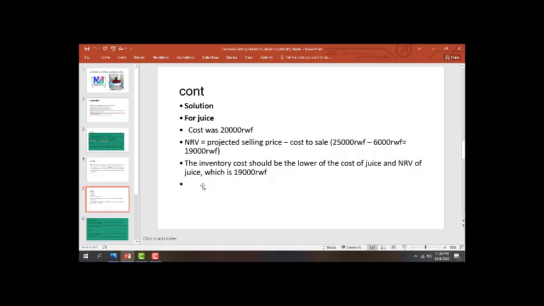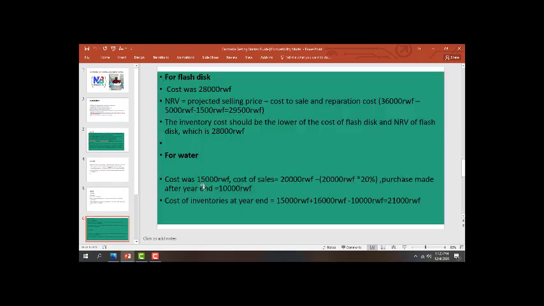The cost of inventory should be the lower of cost of jewels and net realizable value of jewels. You need to compare the cost of inventory of 20,200 francs and the net realizable value of 19,200 francs. Between the two, the lower should be taken. Here, the lower is 19,200 francs, so it should be taken.